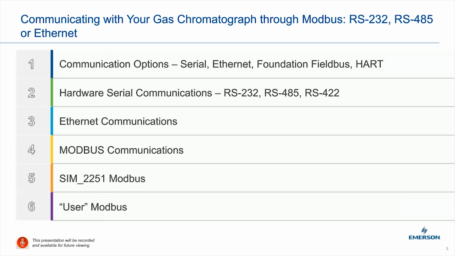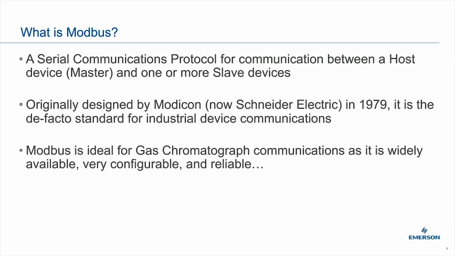So I guess the first question is to cover the basics and answer what is Modbus. Well, Modbus is a serial communications protocol. It's a way to communicate between industrial devices, and the way it works, it has a single host, and you can have 1 or more slave devices.